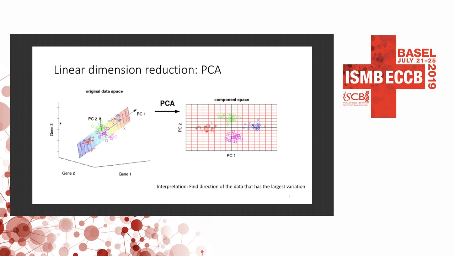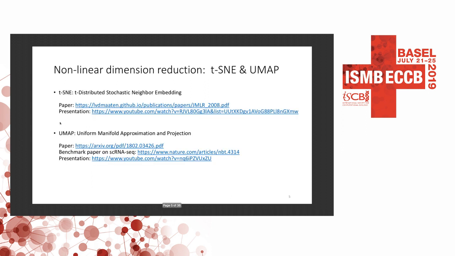So you project all your samples in the high-dimensional space to a low-dimensional, 2-dimensional linear space in this example. But for single-cell RNA sequencing, people find out that these cells are not just lying in a low-dimensional linear space. They find out that nonlinear dimension reduction tools typically work much better for visualizing the cells.